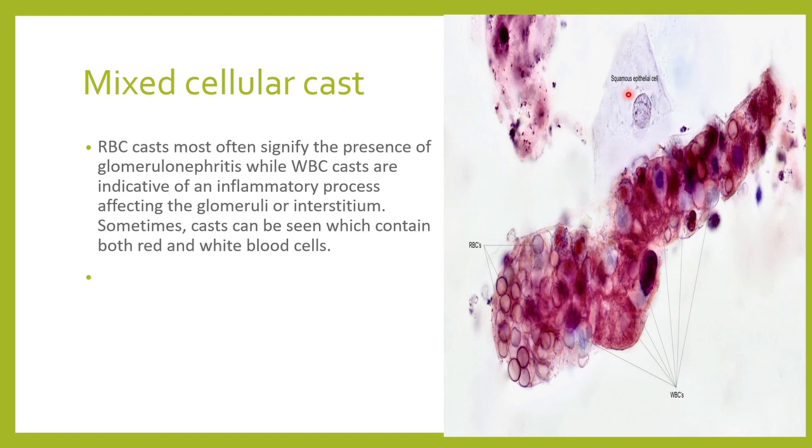Whenever there is an RBC cast, remember there is glomerulonephritis, or there is bleeding into the glomerulus, whereas the WBC cast suggests that there is some inflammatory process going on, that could be affecting the glomerulus or the interstitium. And sometimes casts can be seen which contain both the RBCs as well as the WBCs, as you can see here, and such casts are called mixed cellular casts.